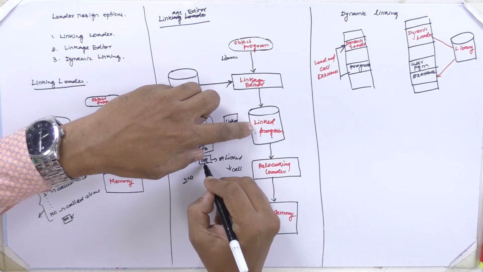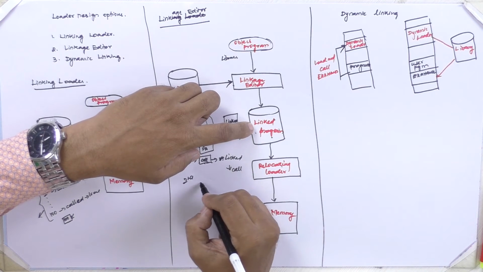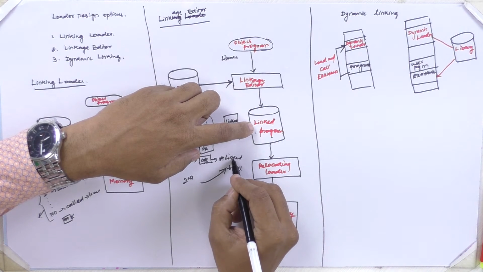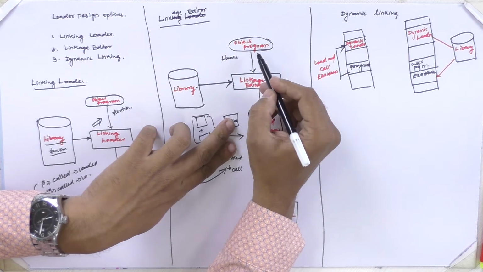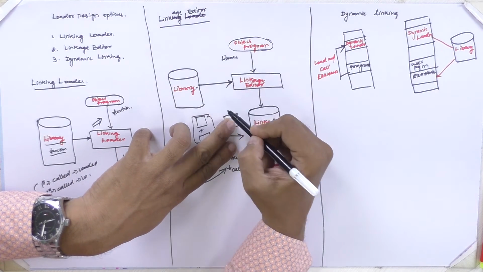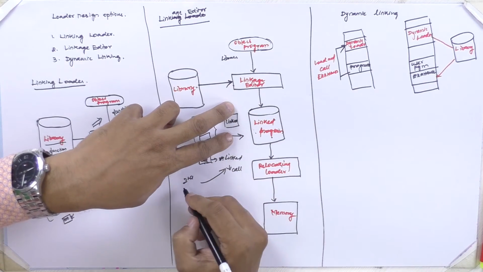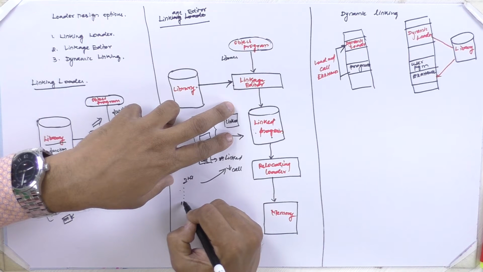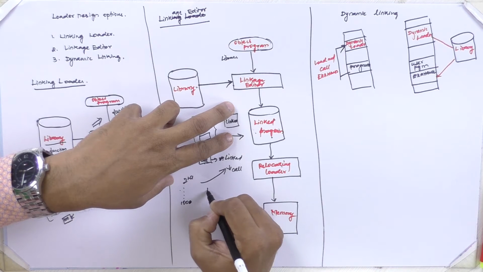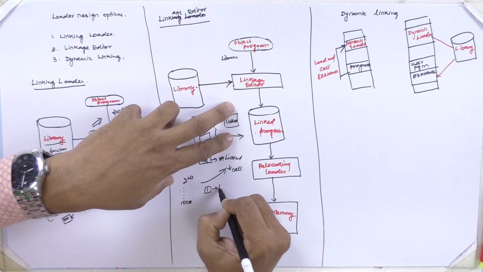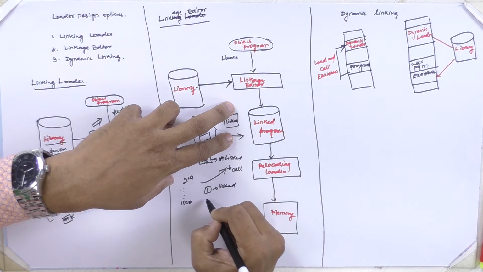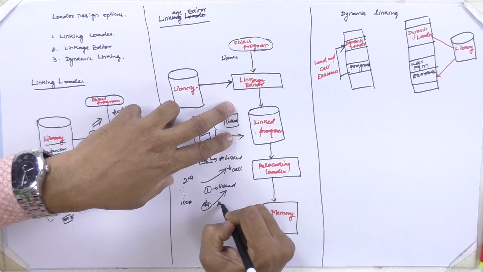Second time, if I am running the same program, it will use this linked program rather than going for the object program, finding the library and linking it again and again. Suppose I am calling this program 100 times, only one time the program will be linked. The remaining 99 times, the linked version is used for running the program.